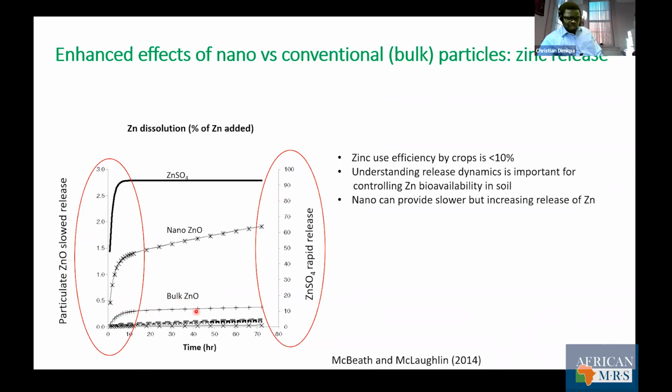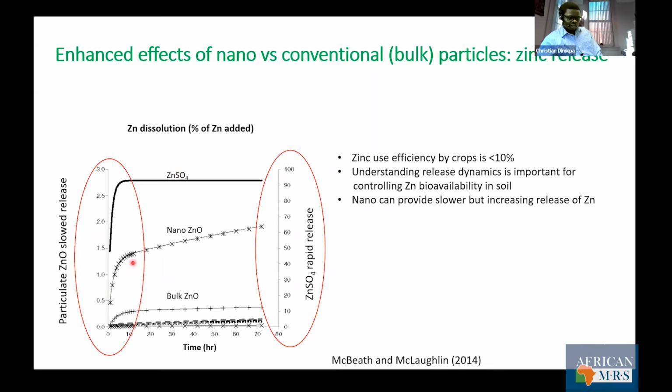So we know that zinc efficiency in soil is actually lower than regular fertilizers like nitrogen or phosphorus. It's about 10%. So by understanding how zinc releases in the soil, we can design our products. In this case, the preference would be to design your zinc as a nanomaterial, because you don't want too early release, because this zinc that is released as zinc ion is tied up as phosphate, as citrate, as whatever, and is not easily available to the plant.